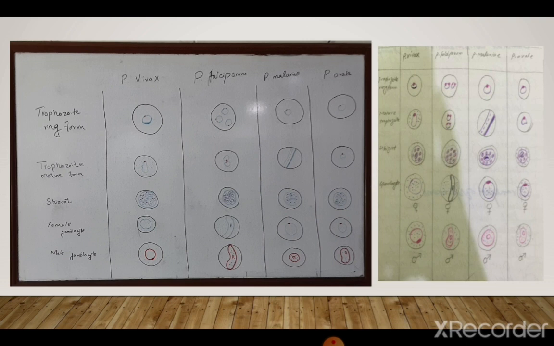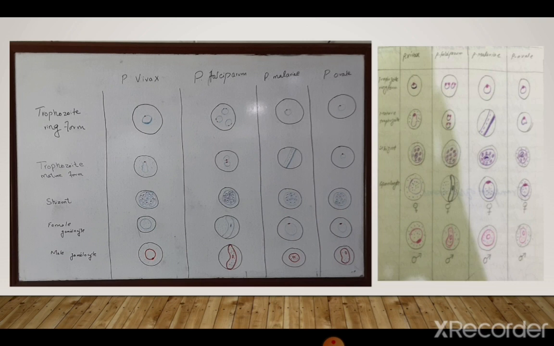These are 12 to 24 in number, and if you see small dots present outside the schizont, these are Schüffner's dots. If the person is infected with Plasmodium vivax, then the infected RBC would have Schüffner's dots. Next is Plasmodium falciparum.